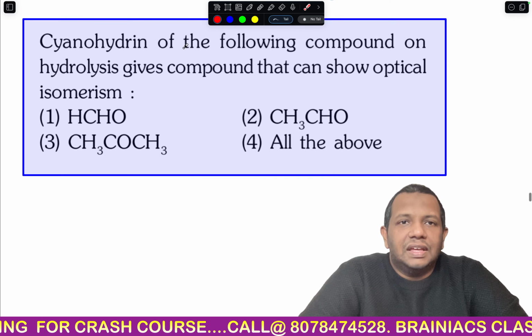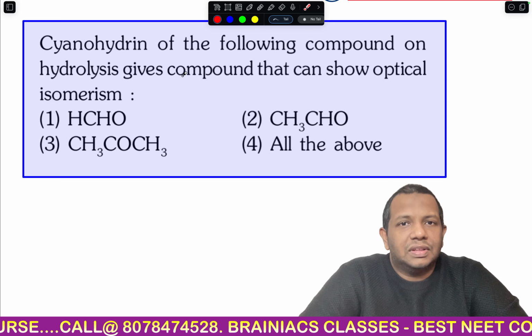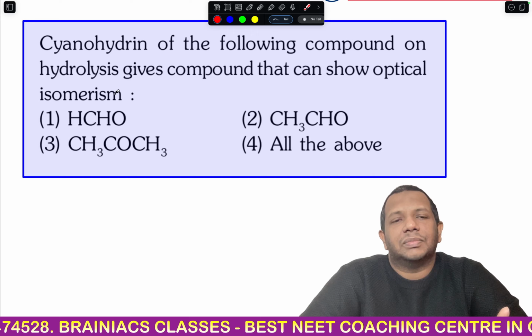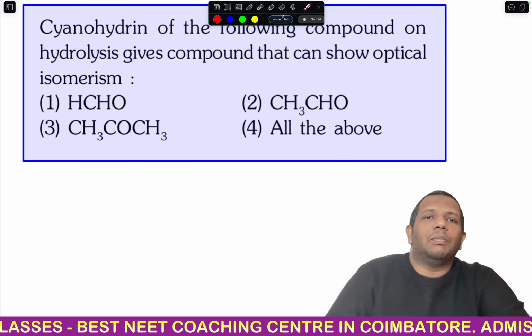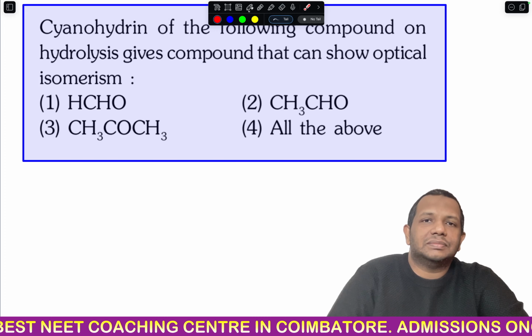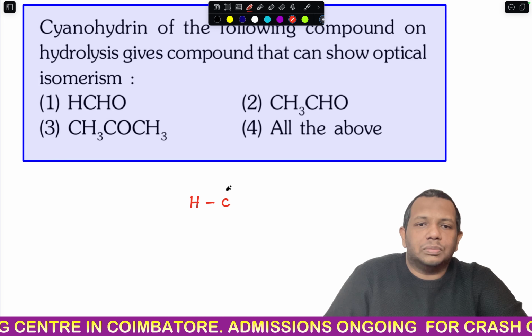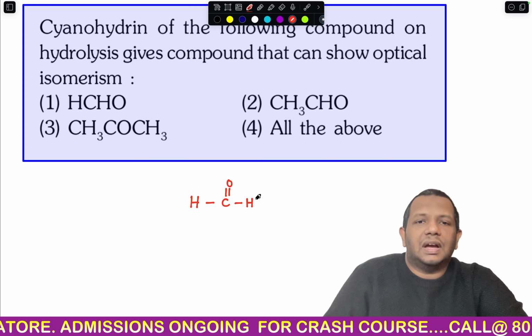So the question here is, the cyanohydrin of the following compound on hydrolysis gives a compound that can show optical isomerism. So here I can easily say that the first compound that is taken here is, listen, HCHO. Now how the reaction will happen, I will help you.